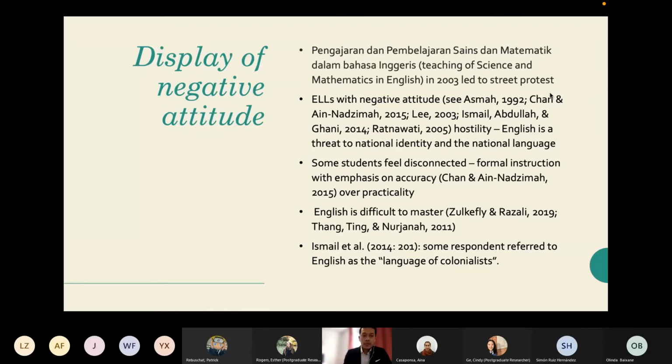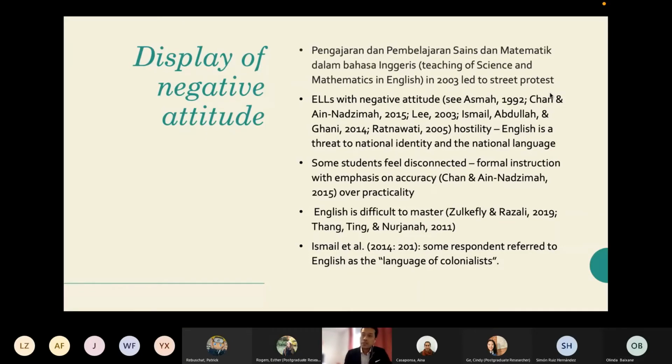There have been reports that some English language learners with negative attitudes still demonstrated hostility towards English, mainly due to the belief that English is a threat to national identity and the national language, and that they think English is a foreign language with no actual application in their lives, despite its importance and status worldwide.